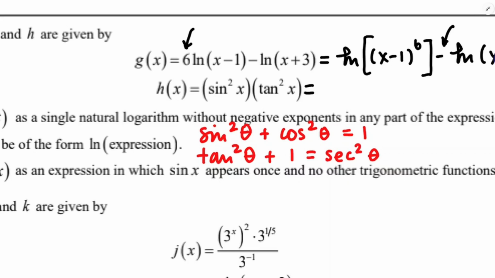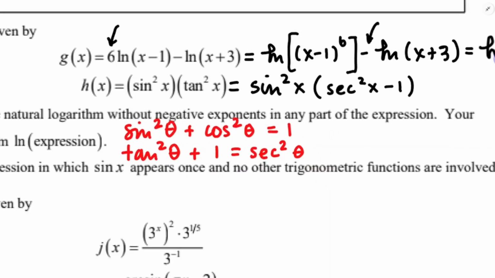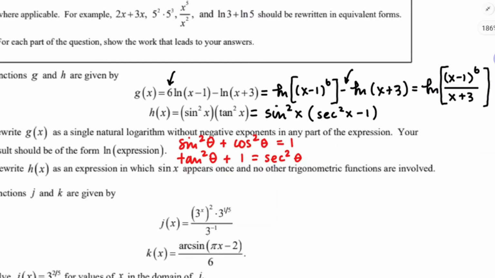Okay, I'm going to keep going. Tangent squared theta is going to equal secant squared theta minus 1. So I've got sine squared x multiplied by secant squared x minus 1. Sine x appears once. If this was cosecant, that would make a lot of sense.